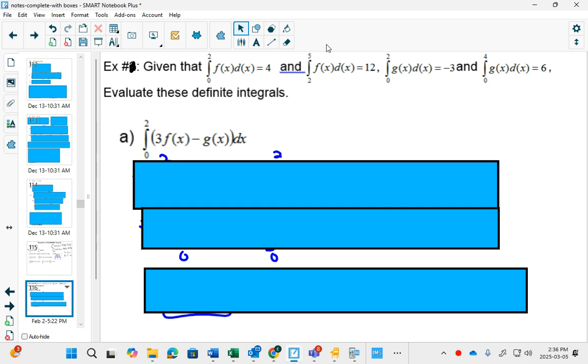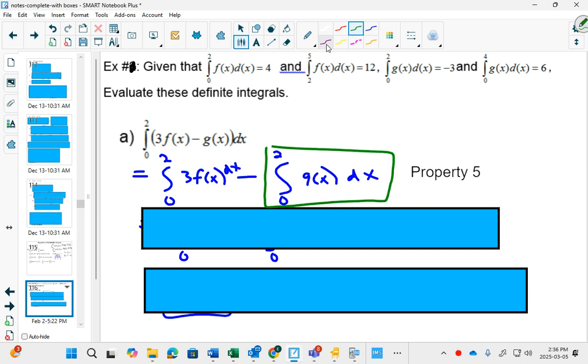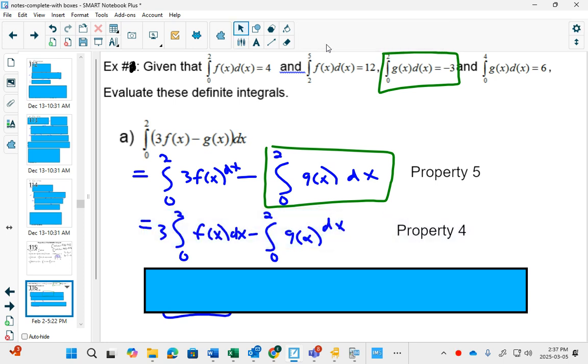Well, adding and subtracting, those I could do separately. That's property number 5. What's really nice about doing those separately is, can you see that this one already matches with this one? This doesn't match. However, I could pull that 3 out, because that's a property of integrals. You can pull a constant out in front.